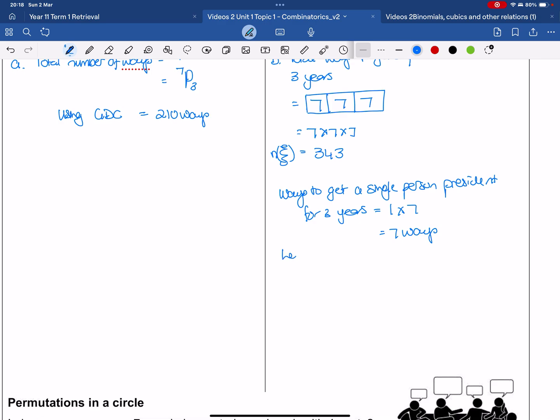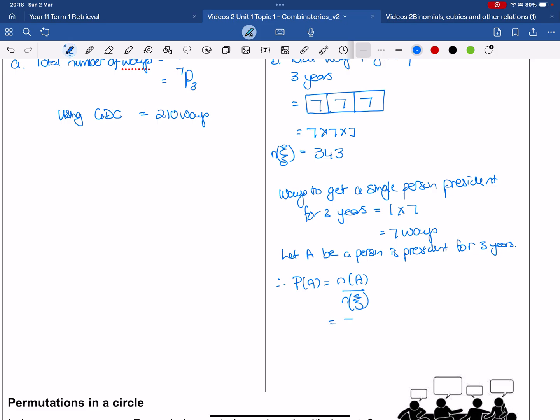All right. So that's going to be my A. So we're going to let A be a person is president for 3 years. So therefore my probability of A is going to be my n(A) over my n(U).